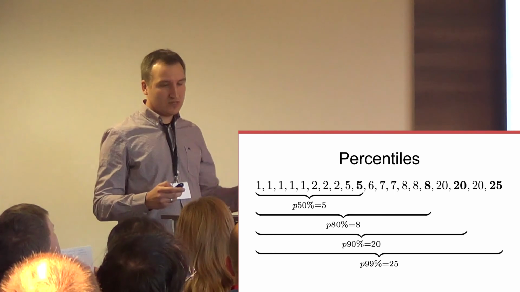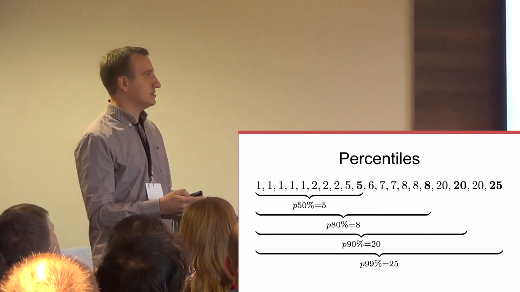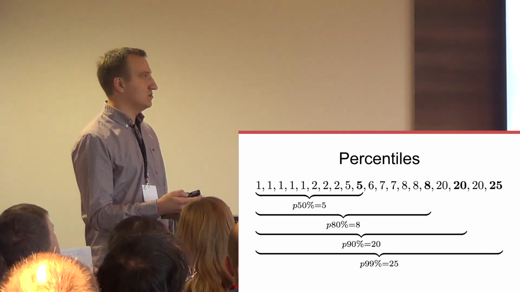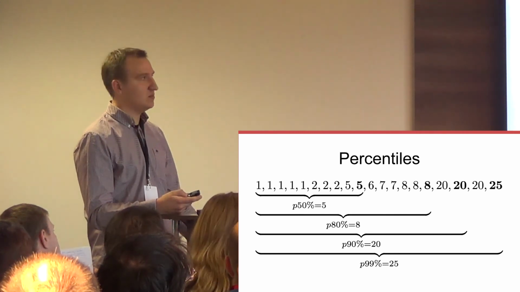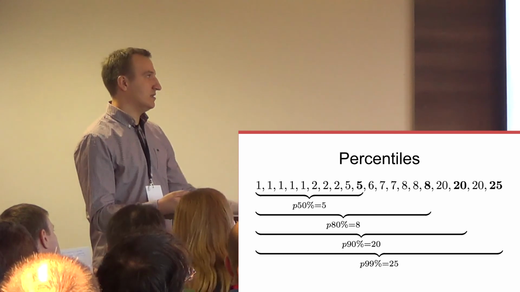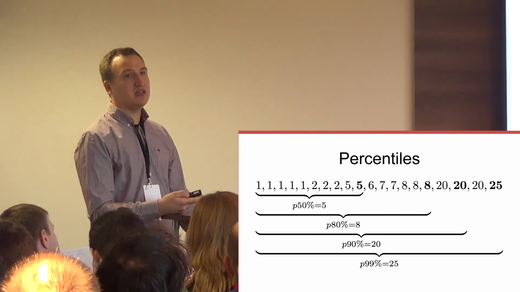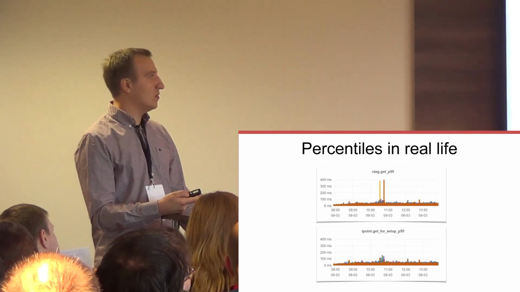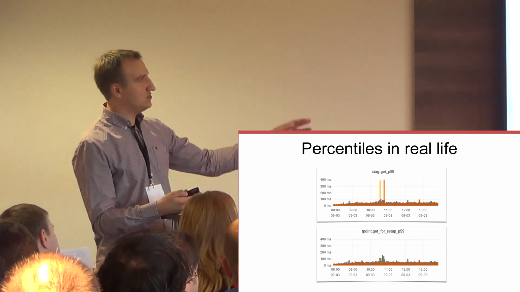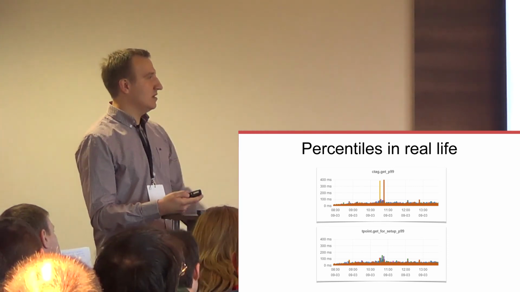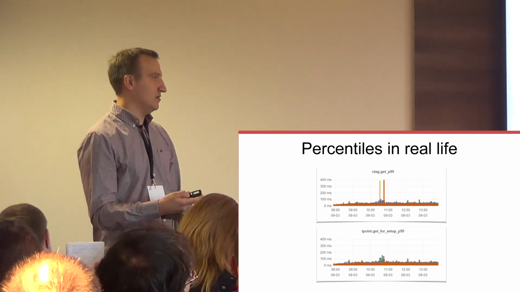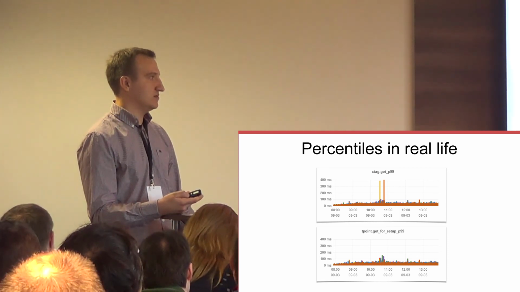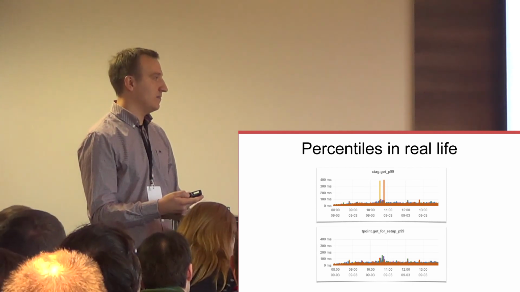Yeah, so in real life we don't use averages for measuring latencies. We use percentiles, and the 99th percentile is enough for us. So when you see these spikes, you really start thinking about whether something is wrong with your system.